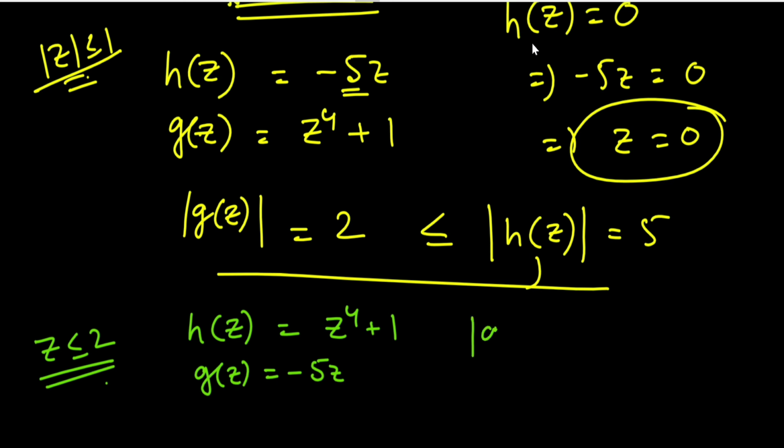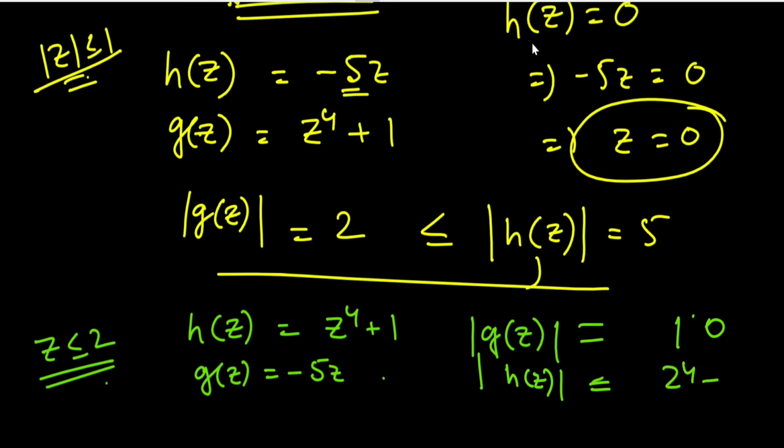Now |g(z)| equals 5 into 2 on the boundary, so this gives 10, and |h(z)| is equal to 2 to the power 4 plus 1, which is 17, greater than 10. So |g(z)| is less than or equal to |h(z)| here.